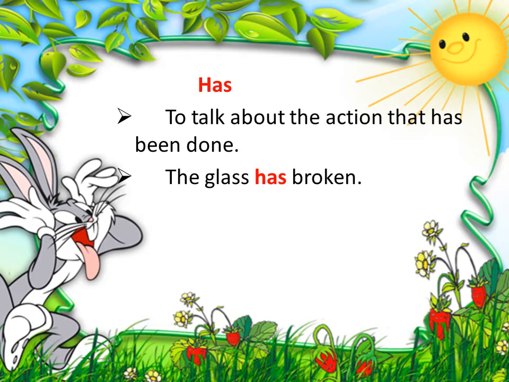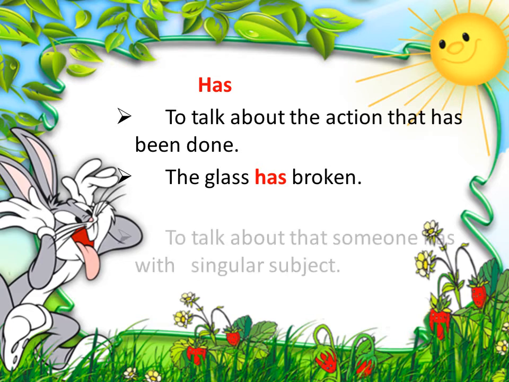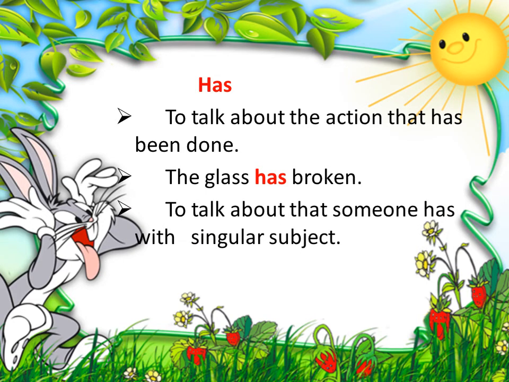So I would like to say the glass has broken. To talk about that someone has something with a singular subject. किसी के पास कोई चीज़ अभी है प्रेजेंट टाइम में, वो सब्जेक्ट सिंगुलर है, तो उसके लिए भी मैं यूज़ करूँगी has को as a helping verb. Like he has a pet. उसके पास क्या है? उसके पास एक पैट है.